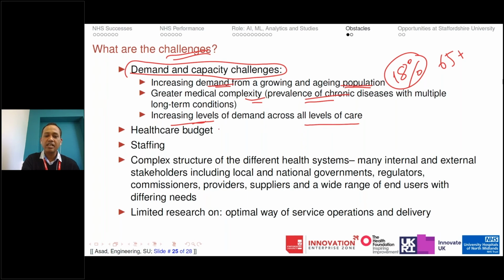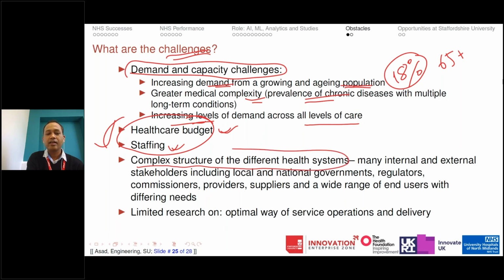Budget is one of the main issues. The staffing, well, these are interrelated. If the budget can be increased, then you can increase the staff, and your performance can be better. Like I said, the care process within the NHS is very complex.